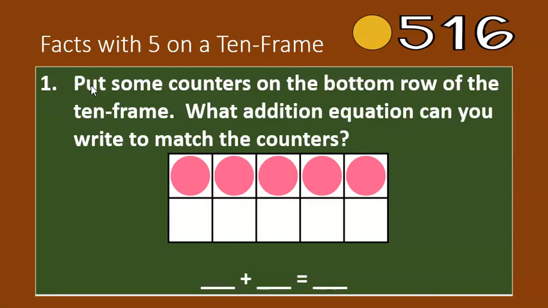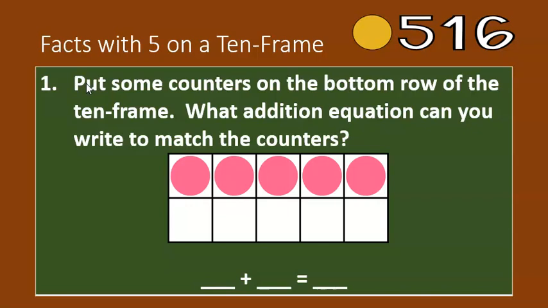Read with me. Put some counters on the bottom row of the 10 frame. What addition equation can you write to match the counters? Now, boys and girls, let's read this first sentence again together to understand what we are doing.